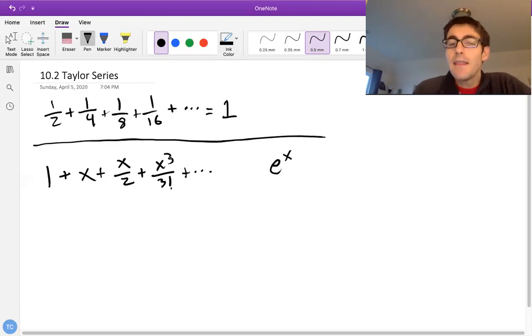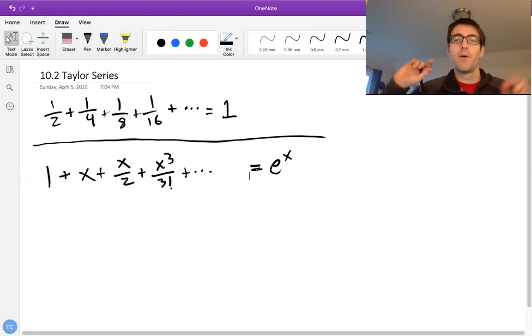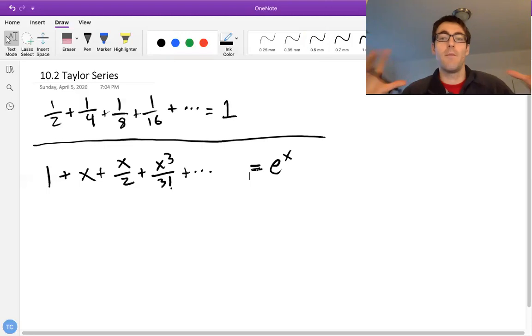And as we let the degree get bigger and bigger and bigger, it's a better and better approximation of e to the x. So what we're going to say, and this is a generalization of our definition, is that this equals e to the x. All right, and that might not sound like a big deal, but we're slightly changing our normal mathematical definition of equality to include this infinite sum idea.